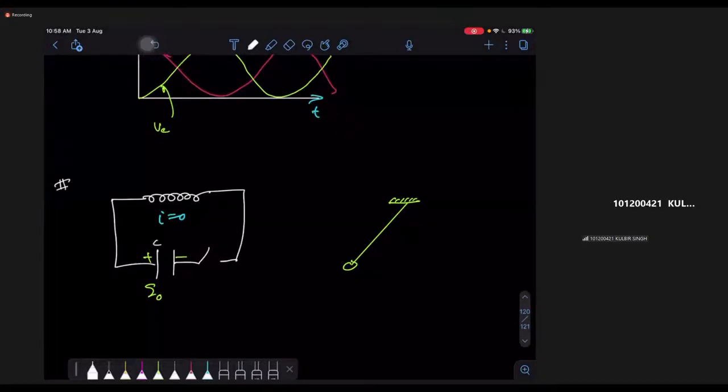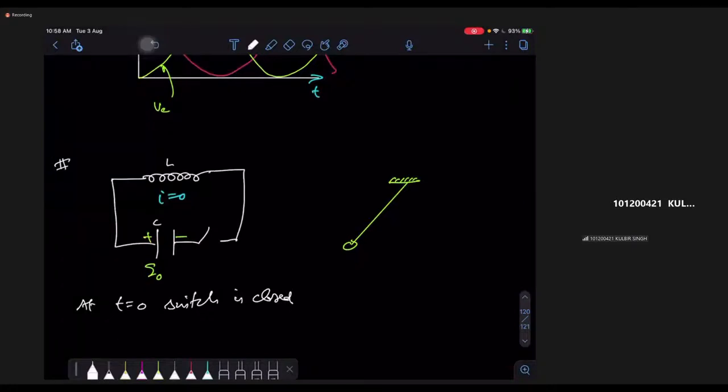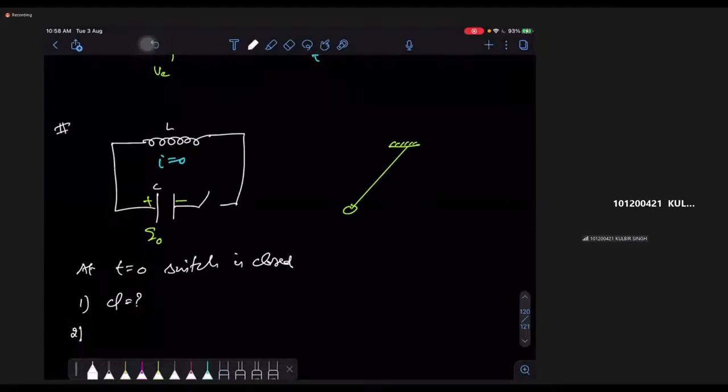Okay. Capacitor is there, inductor is there. So if I now connect the switch at time equal to 0, the switch is closed, right? So at time equal to 0, the switch is closed. In this case, can you tell me what is the value of phi? What is the value of my charge at any instant?